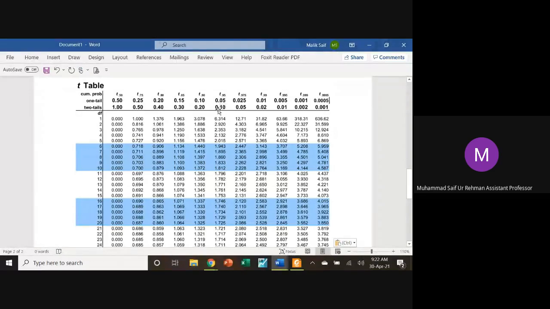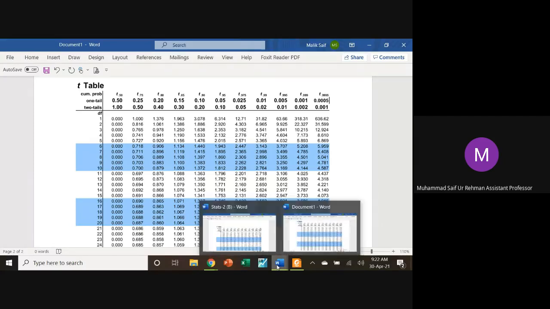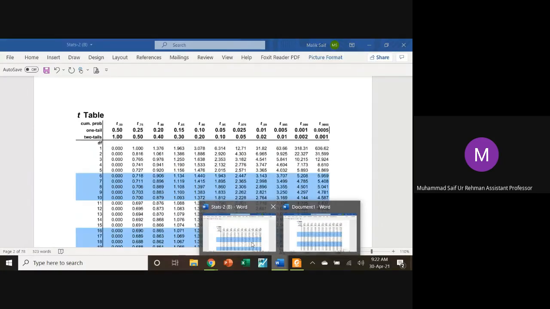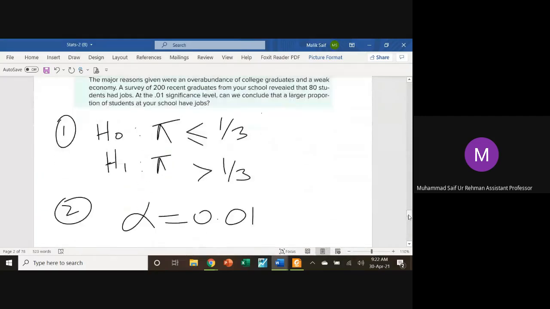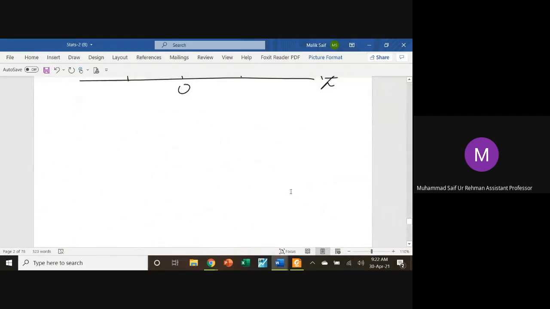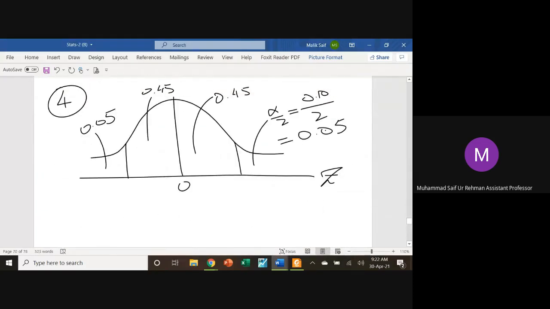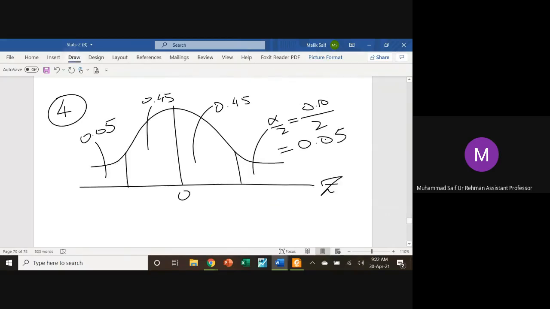And if you consider two tails, against 0.1, this will be the value, 1.65. To this side, this will be with a positive sign, 1.65, and to this side, minus 1.65.